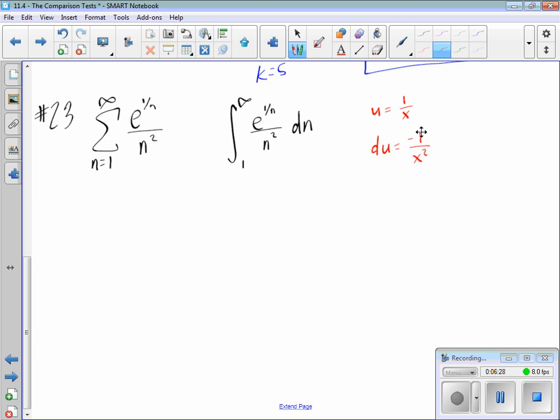So I put negative 1 over x squared, and then dx. And then if you solve for dx, you would get dx to be negative x squared du. And that should cancel that piece out. So if these are x's instead of n's, which they really should be, then replace those. And what do you have to do with the infinity if you want full credit for things in the test? Do the t thing, okay?